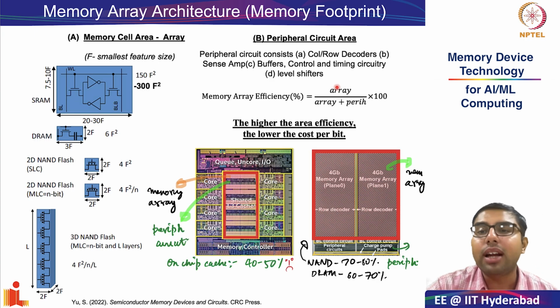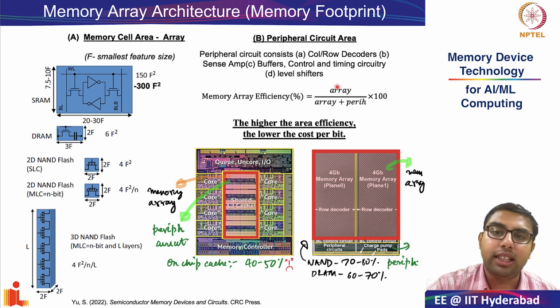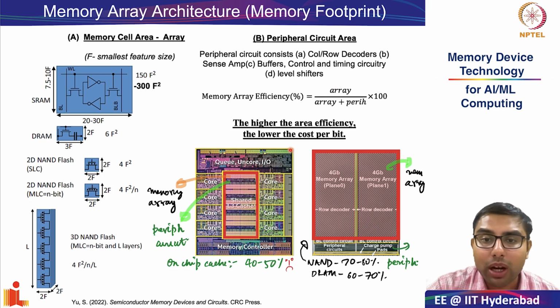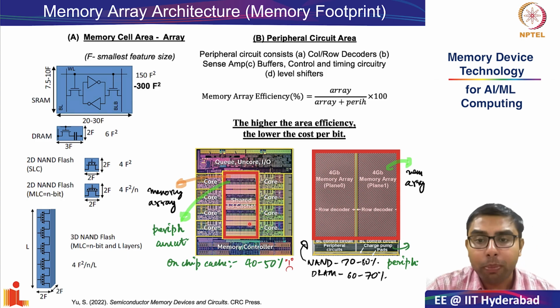So let us look at how the array efficiency looks for SRAM, DRAM and NAND flash. To get an idea of the same, I have represented the memory floor plan of a typical processor.